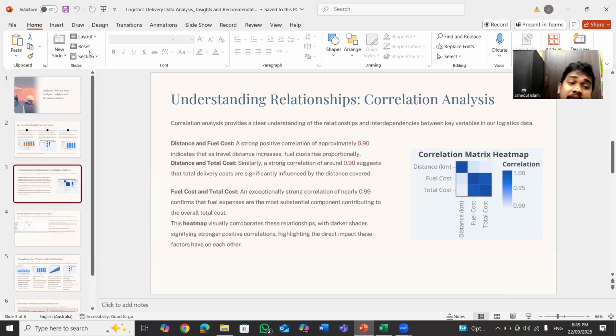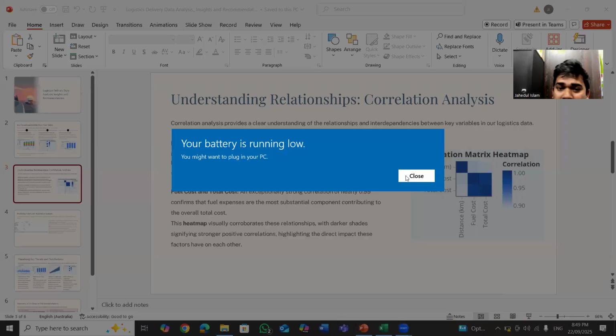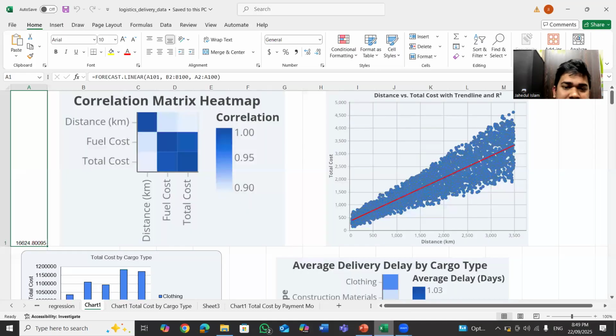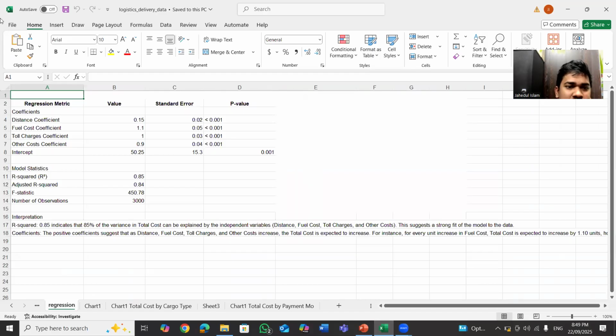So if I talk about the regression, here is the regression, as you can see. So we did all the calculation in the Excel file for all of the regression. To better understand cost drivers, we built a regression model predicting total cost based on distance, fuel cost, toll charges, and other costs.